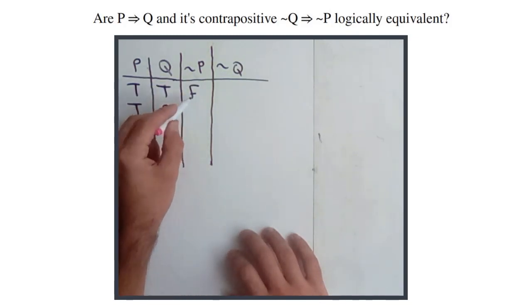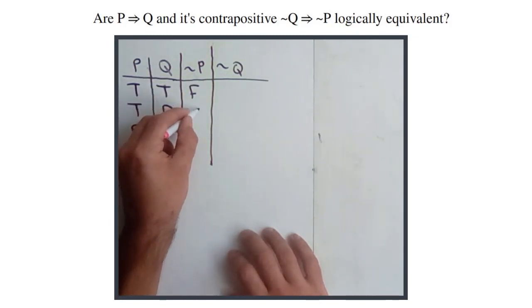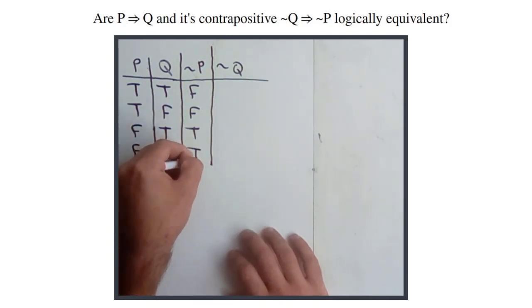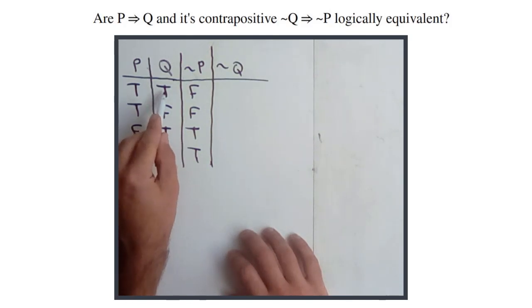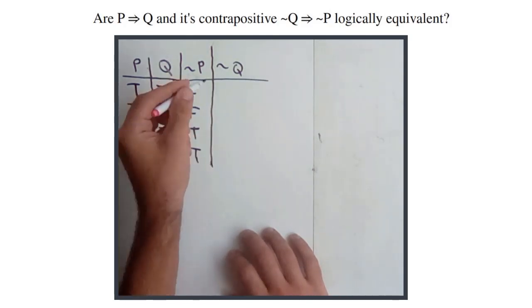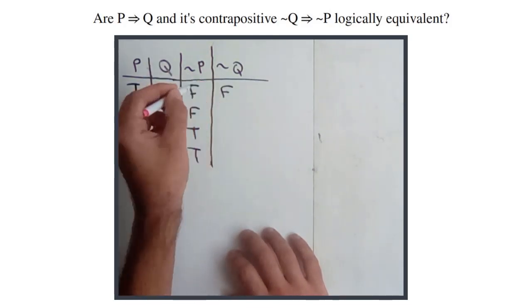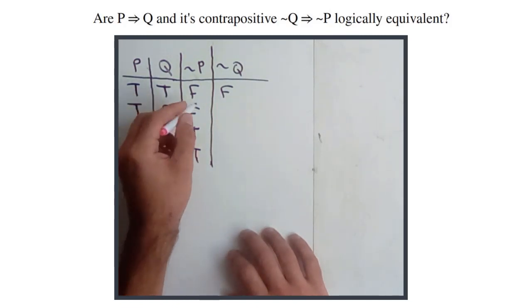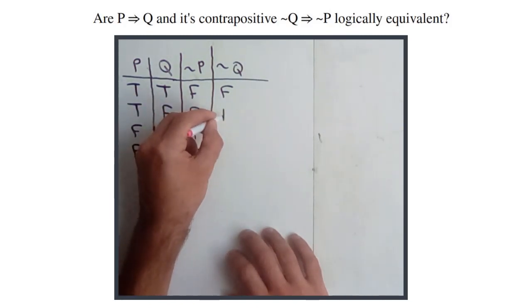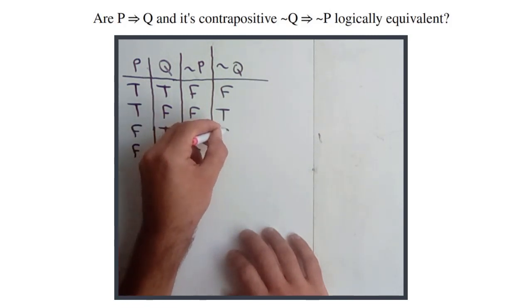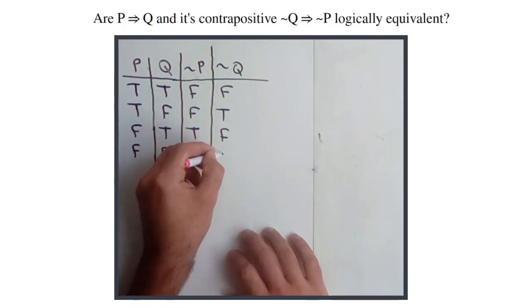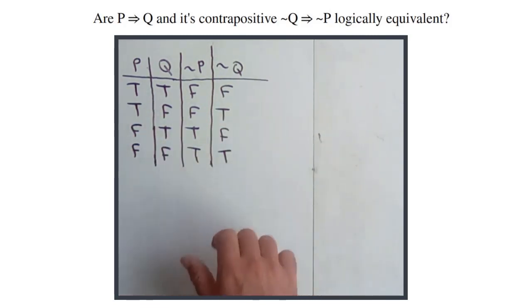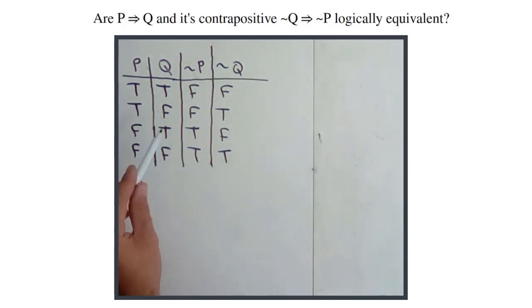Basically you're just altering all of these: false, false, true, true. Exactly the same for Q. When Q is true, the negation of Q, the not Q, is false. When Q is false, the negation of Q is true, so false and true. It is worth being careful with these because it's so simple to make a little mistake, and if you do it, it will really derail everything.